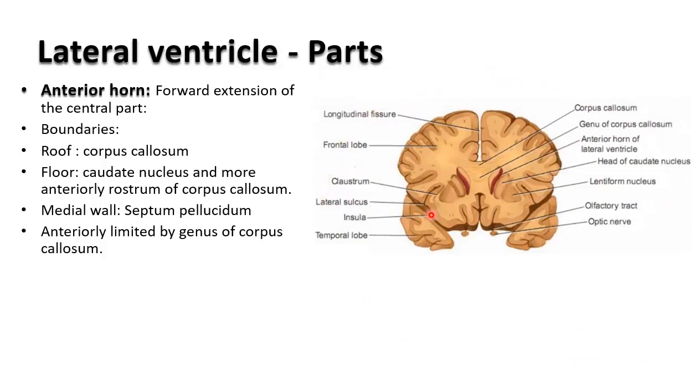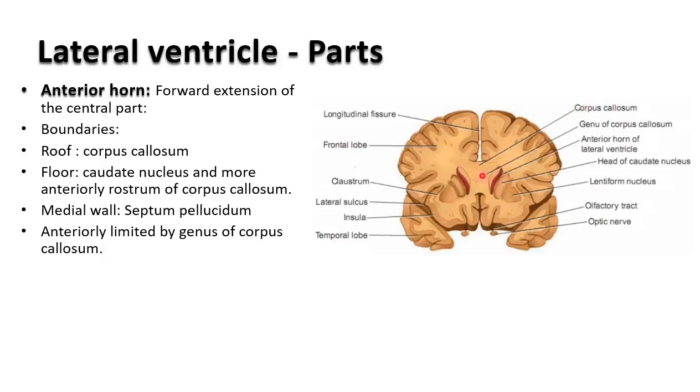In a coronal section of the anterior horn, you are able to see here that mainly the floor is formed by the caudate nucleus. Anteriorly it will be limited by the genu of the corpus callosum, and the roof is formed by the corpus callosum.